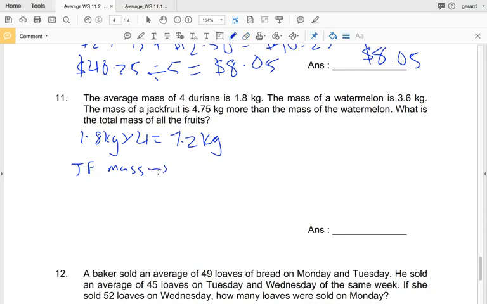Jackfruit mass will be the mass of the watermelon, please read the question, I'm just going very fast, 3.6 kg plus 4.75 kg. 3.6 plus 4.75 is 8.35.